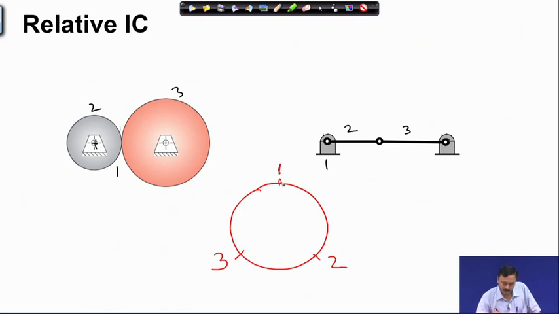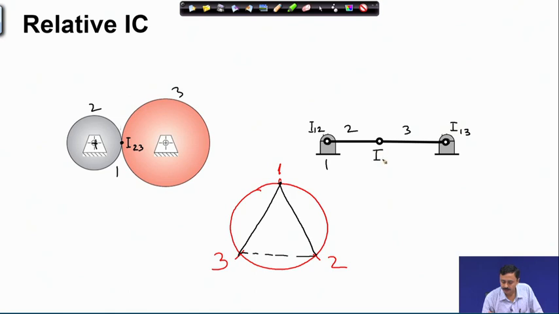I know I12, I know I13, and in both cases I also know I23. So, this is in pure rolling. So, this is the IC of 2 relative to 3. So, in the case here it is I12, this is I13 and this is I23.